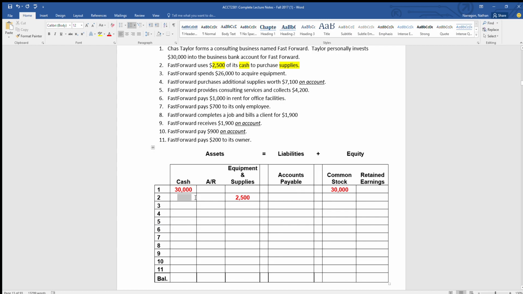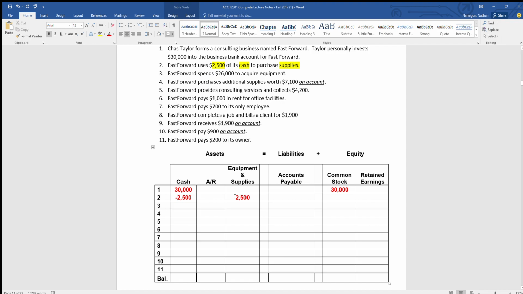So we must... there it is. Didn't want to show up where it was supposed to. But you basically have to put a minus sign right here. Okay? Because cash is going down and supplies is going up.